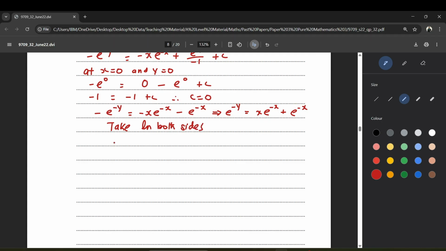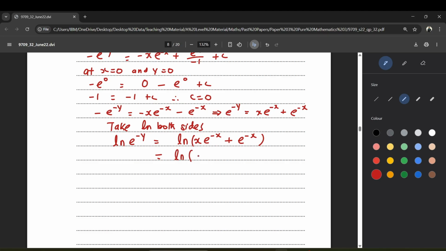So this becomes ln e to the power minus y equals ln of x e to the power minus x plus e to the power minus x. Now here on the right hand side, we can factorize e to the power minus x, right?